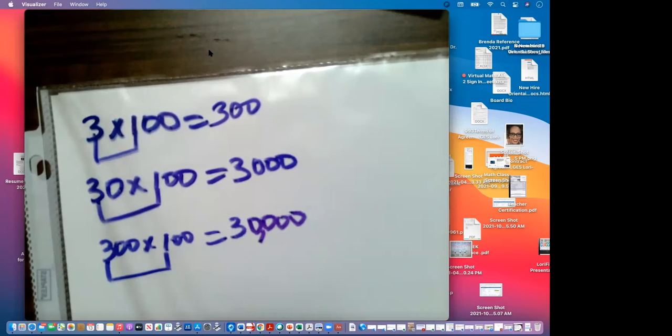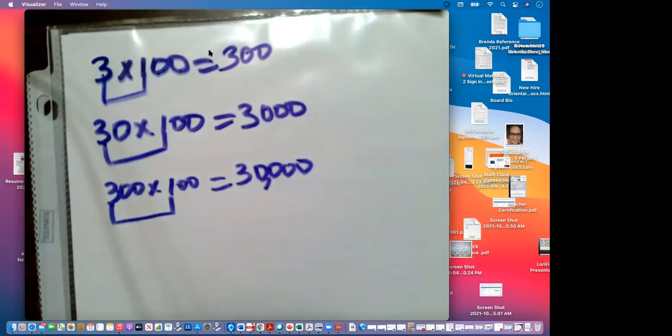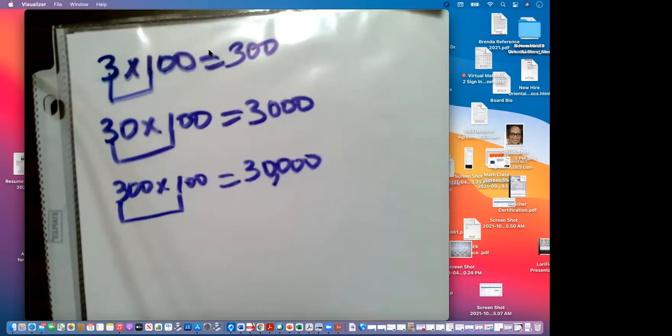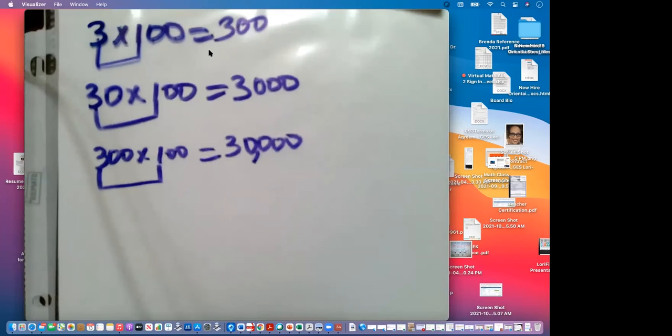So we're going to work on that a little later. But before we get to that, let's work on rounding. Tell me what you know about rounding.